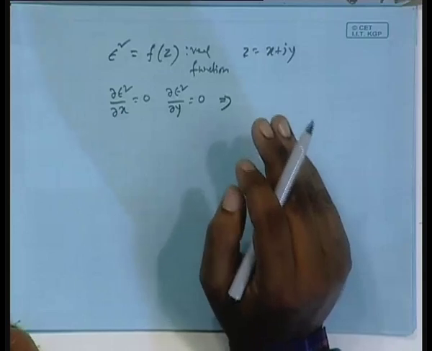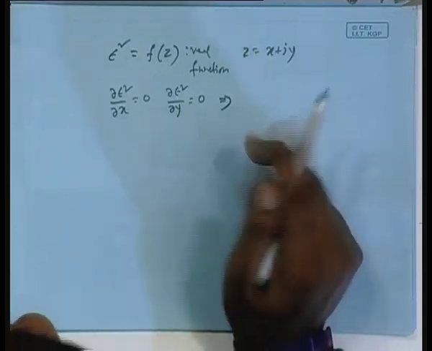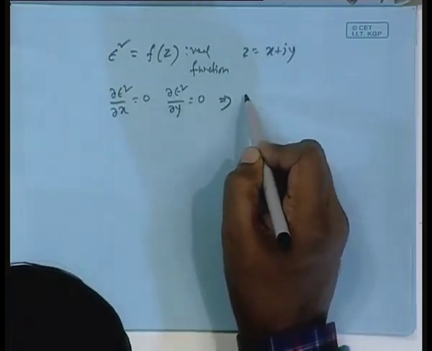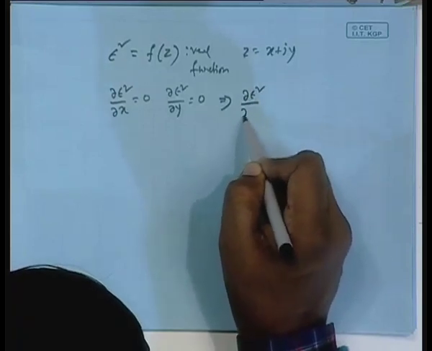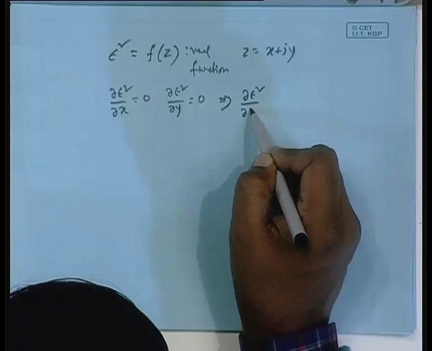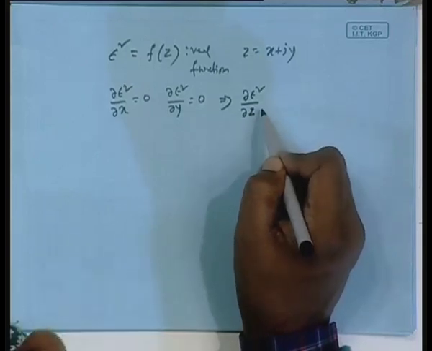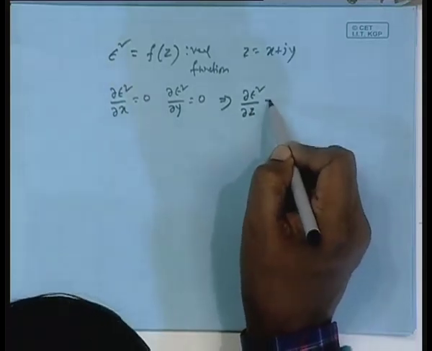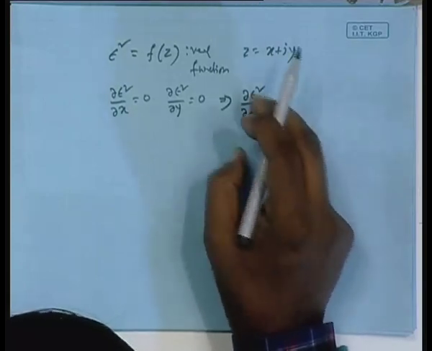So instead, I form a definition of del epsilon square del z. I don't know if this notation is strictly mathematically correct or not, but suppose I just define it.